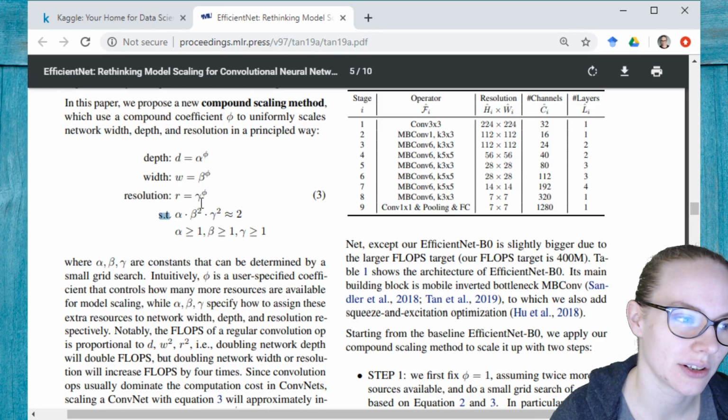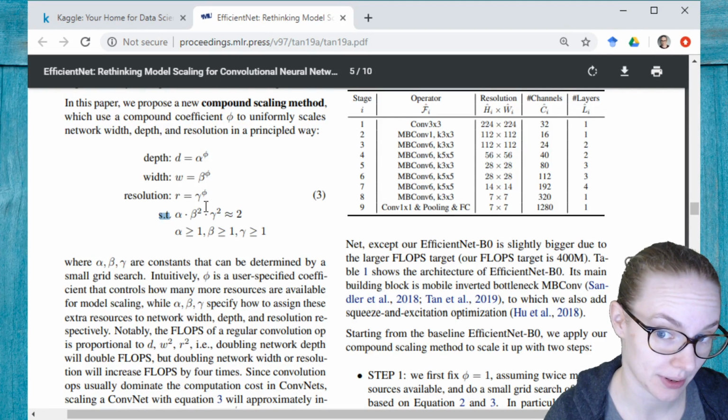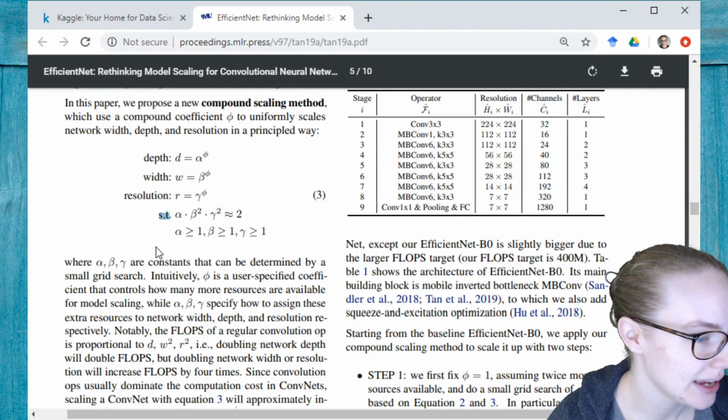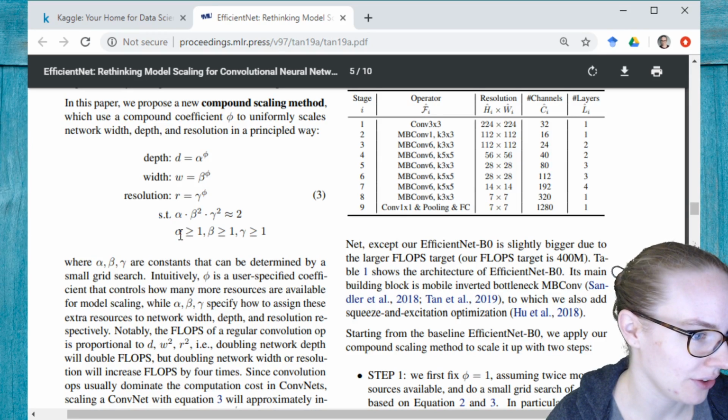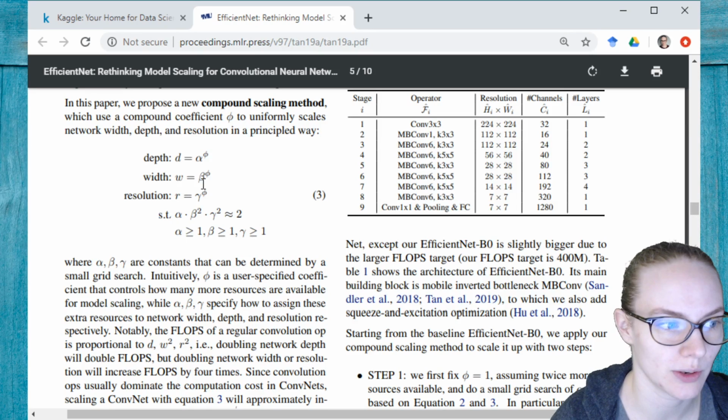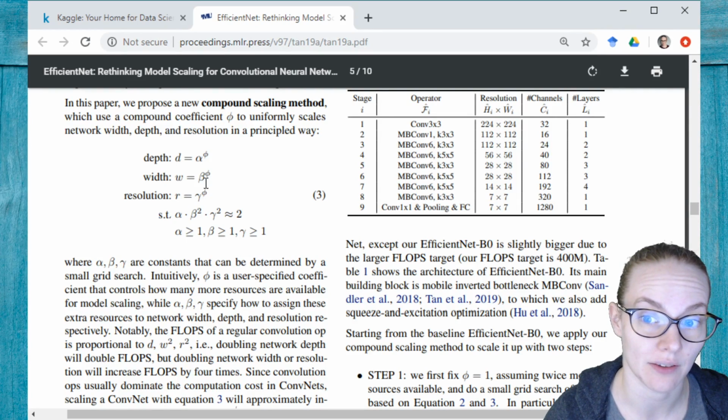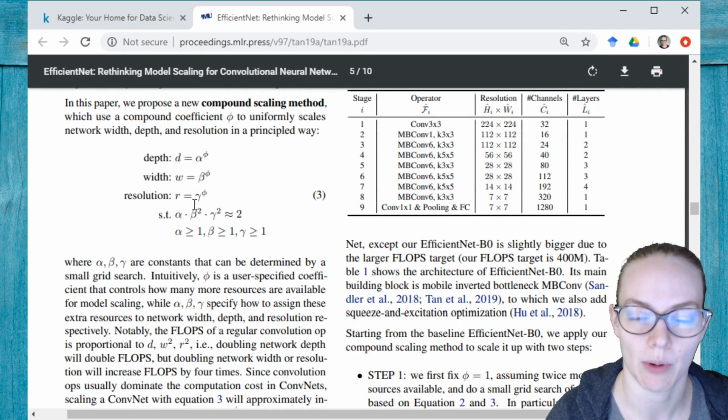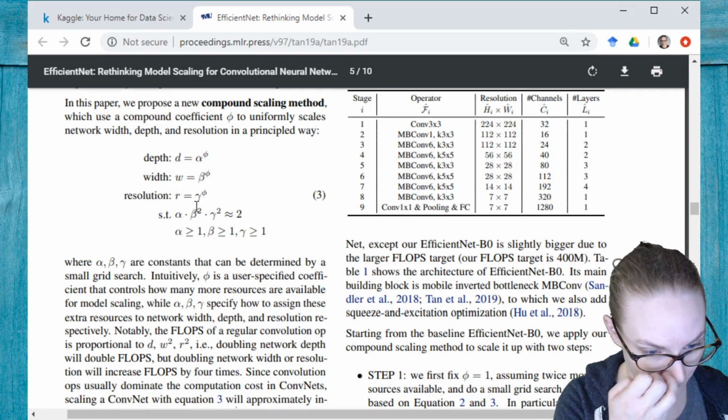So I think what they're saying is that we want width and resolution to increase faster than depth, I believe. And then alpha is greater than or equal to 1, beta is greater than or equal to 1, gamma is greater than or equal to 1. So we don't want to make any of these dimensions smaller. We want to make sure we're always increasing all of them.